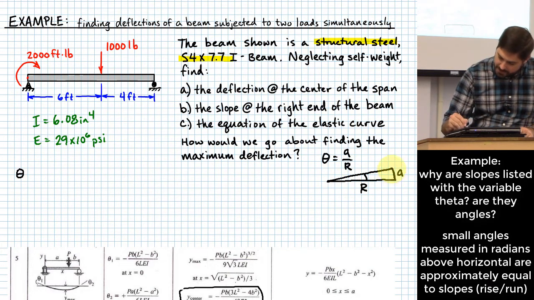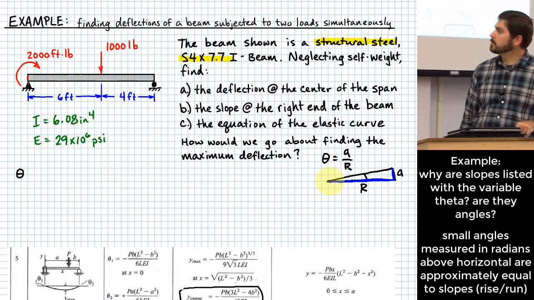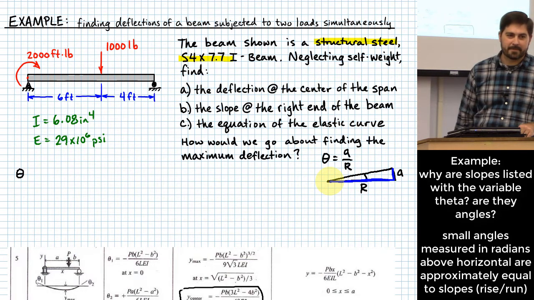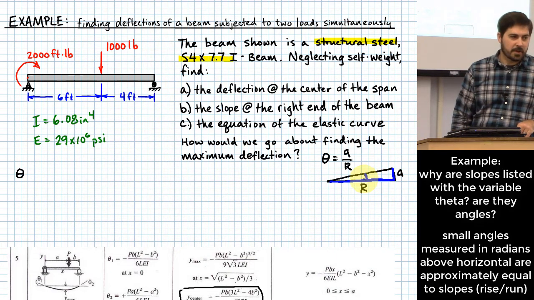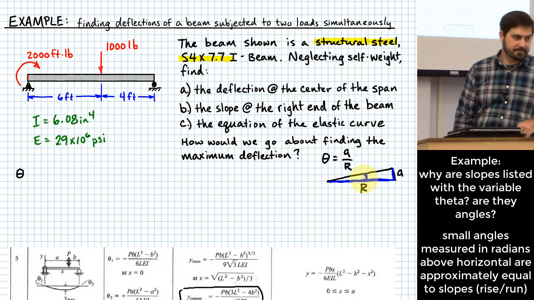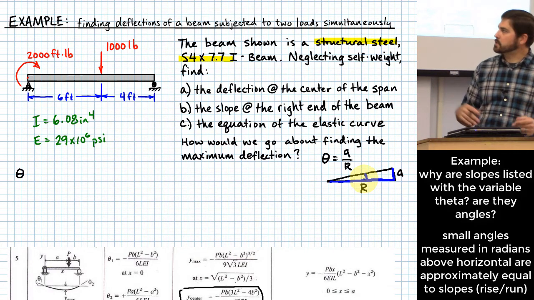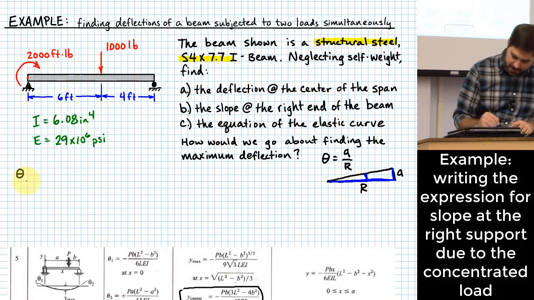Slope is a rise over a run. Okay? If this is a tiny, tiny angle right here, there is no difference. So that may be why they're using a theta right there. Anyway, it's a slope. It's a rise over run, but if it's really small, you can kind of think of it as an angle in radians. Does that make sense?